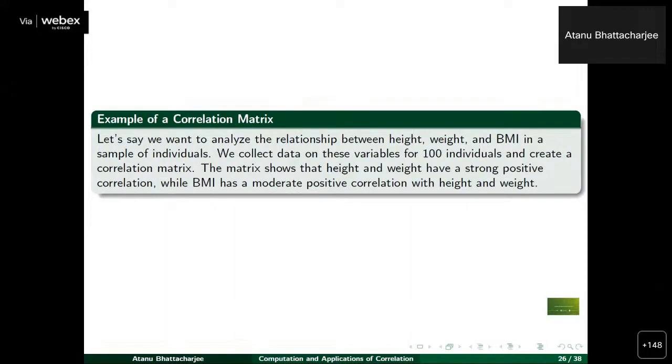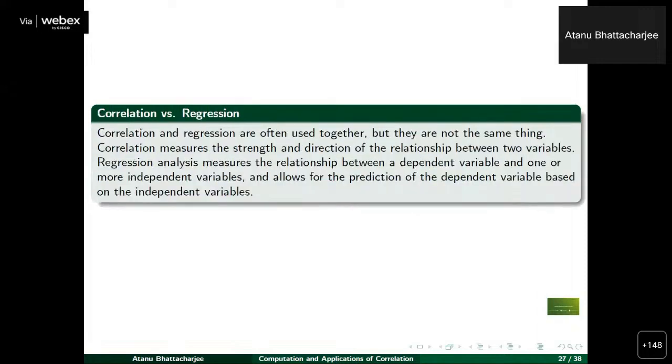Let's say we want to analyze the relationship between height, weight and BMI in the same sample of individuals. We collected data for 100 individuals to create the correlation matrix. The matrix shows that height and weight have strong positive correlation, while BMI has moderate positive correlation with height and weight.